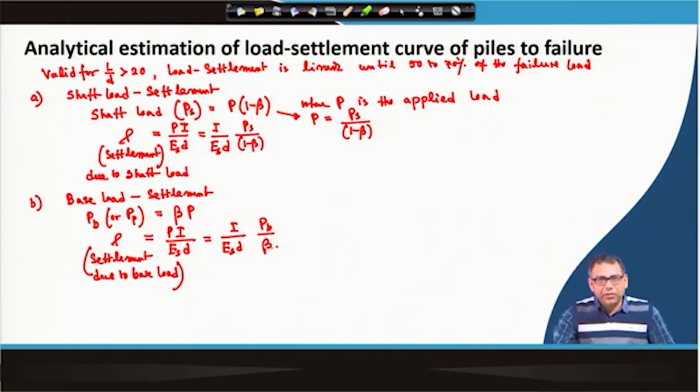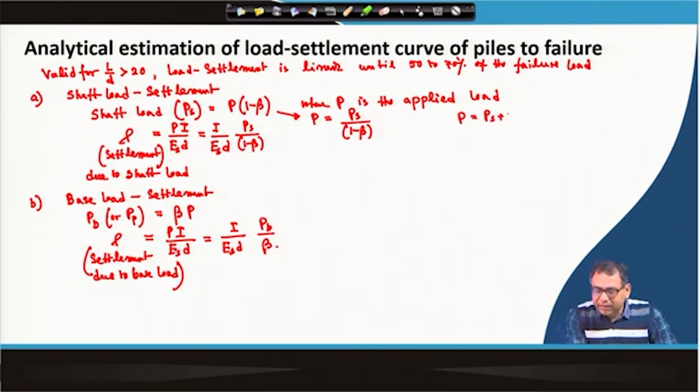Okay. So, that means we are using the actual equation, that the settlement is equal to P I by E_s D. Now, this P is the total applied load, and this P has two parts, Ps plus Pb. So, now this P is replaced in terms of Ps in the case of shaft, and in the case of base the P is replaced in terms of Pb. So, P is replaced by Ps divided by (1 minus beta), and here P is replaced by Pb by beta.